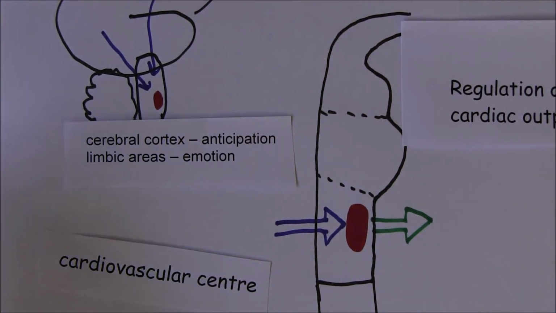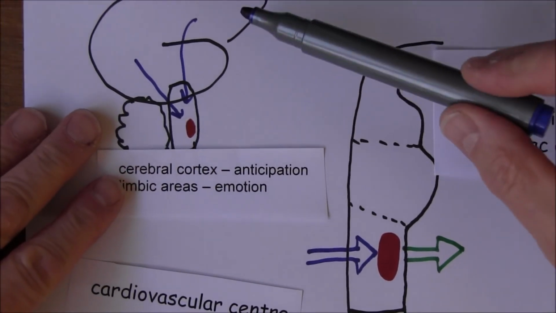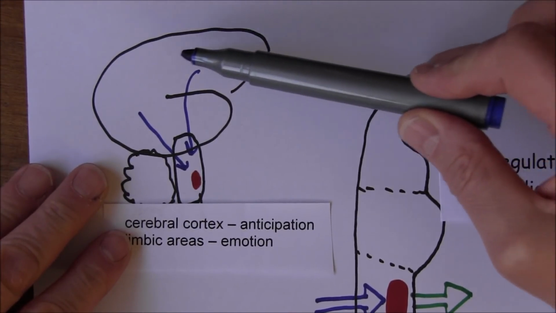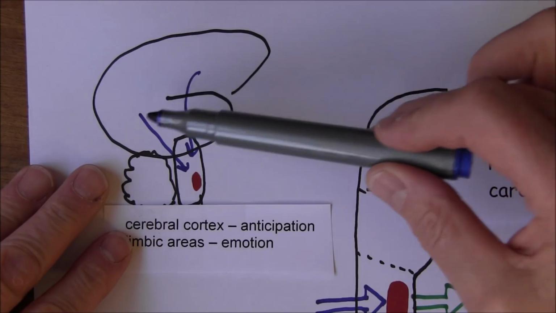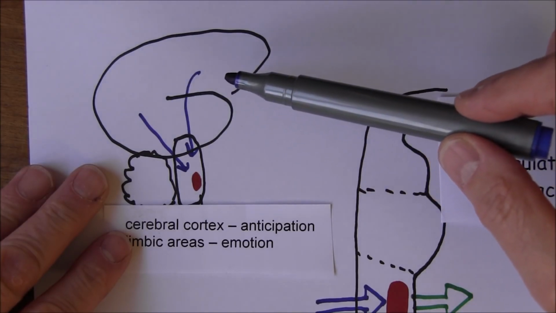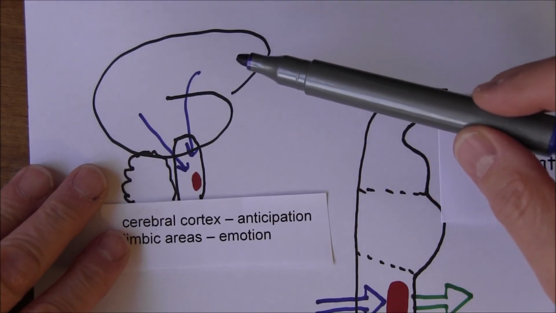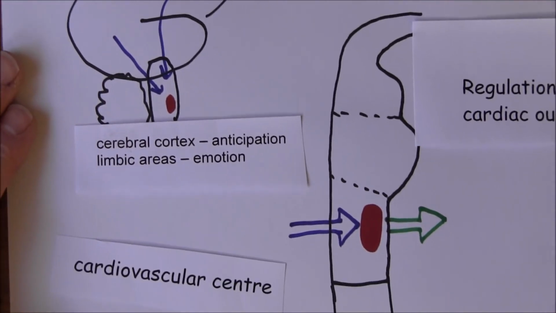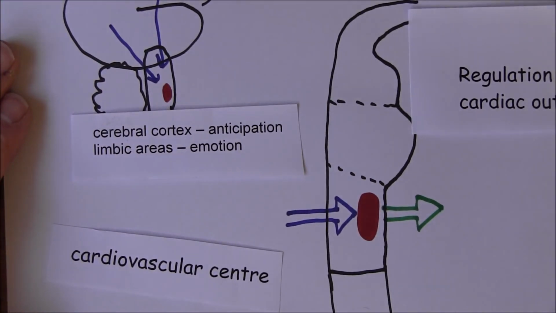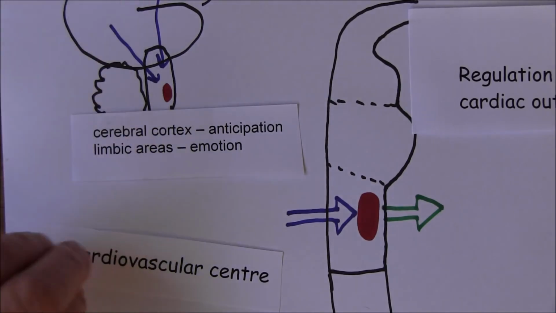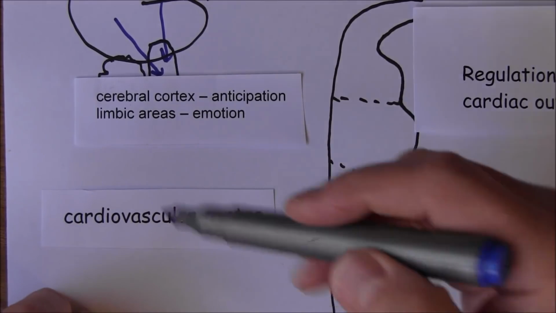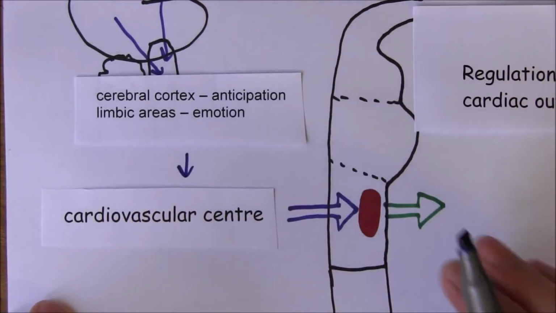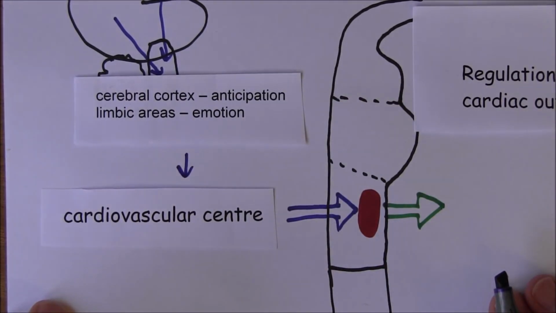Now the cerebral cortex is aware of when we are about to do something. When we're about to do something energetic or something exciting or something that's going to require increased cardiac output. So the cerebral cortex can anticipate. So there's anticipatory inputs from the cerebral cortex going to the cardiovascular centre.